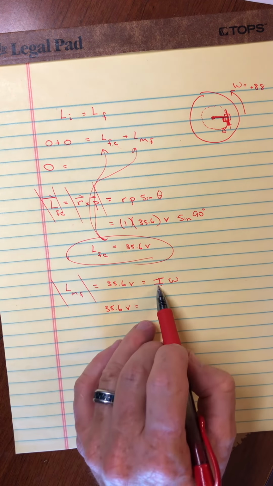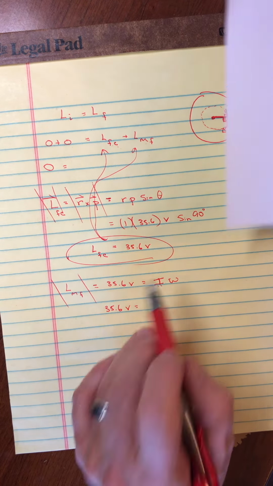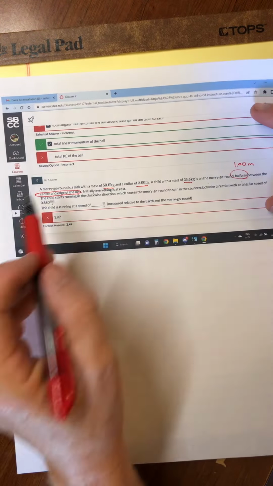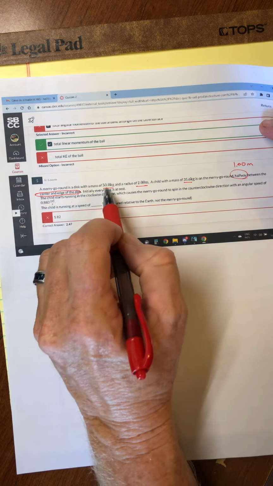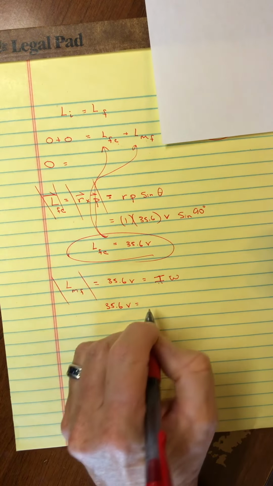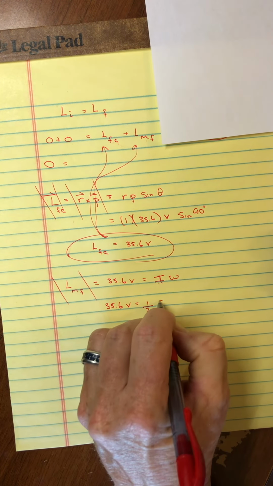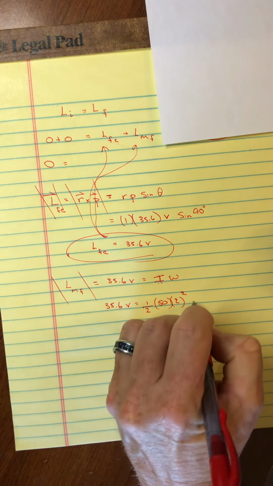And that's good because we have enough information to get the moment of inertia of the disc, I should say merry-go-round, because they call it a disc, and it has a mass of this and a radius of this. So the moment of inertia is 1/2 times 50 times the radius squared.